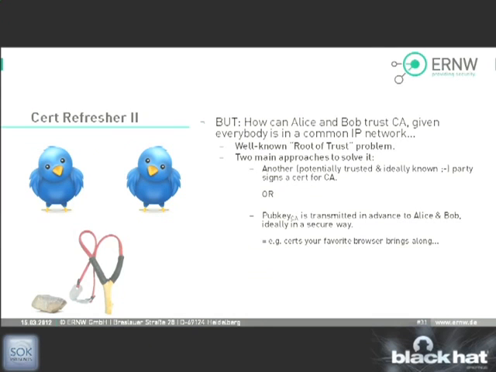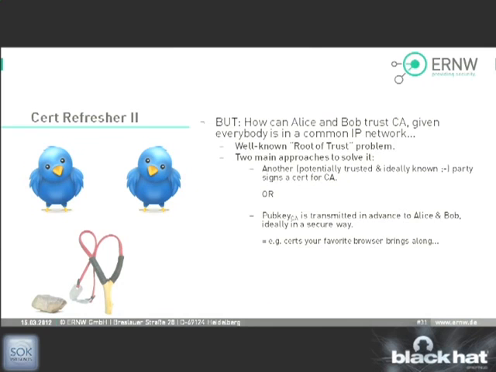There are two main approaches to address this, what is known as the root of trust problem. First one is to have yet another party who signs the certificate that the CA uses, or deploy the public keys of the relevant CAs in advance, which is what happens when your browser or operating system brings some certificates along. This is using the second approach.